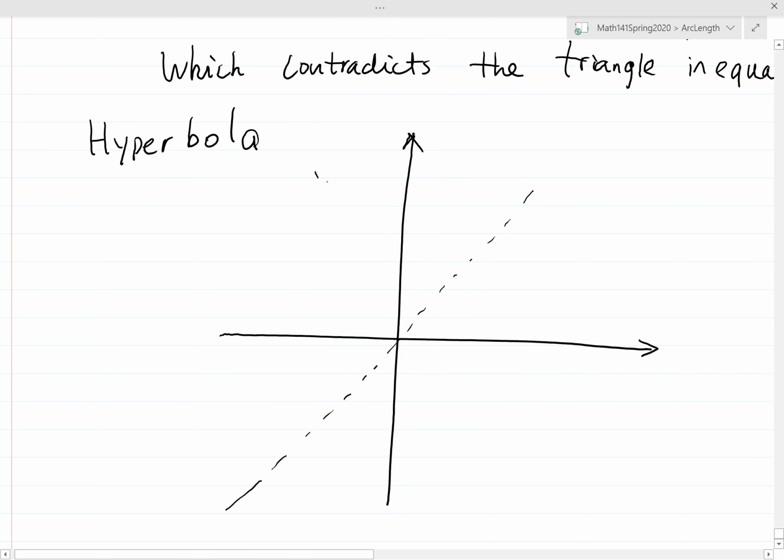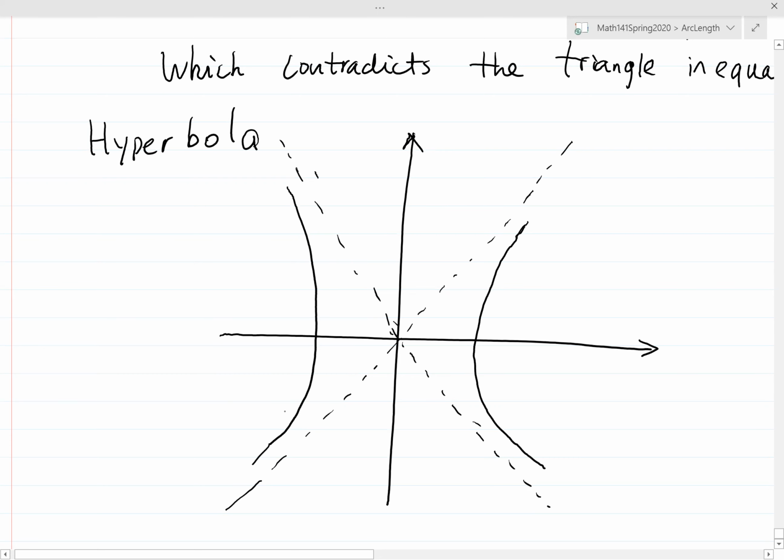Suppose we have a hyperbola. Okay, so these are the asymptotes. Now we plot the hyperbola.